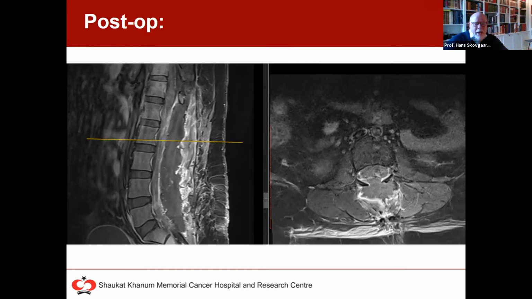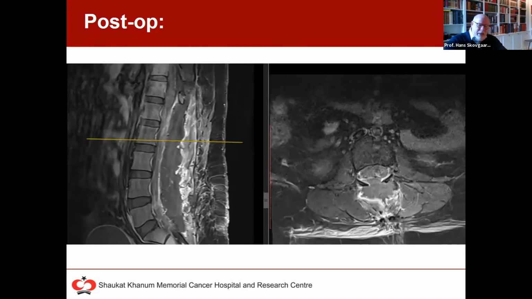Okay. I think what we do is to try to operate on these patients, and because radiation and chemotherapy is not a very good option in ependymoma, we try to be quite conservative in giving this treatment.